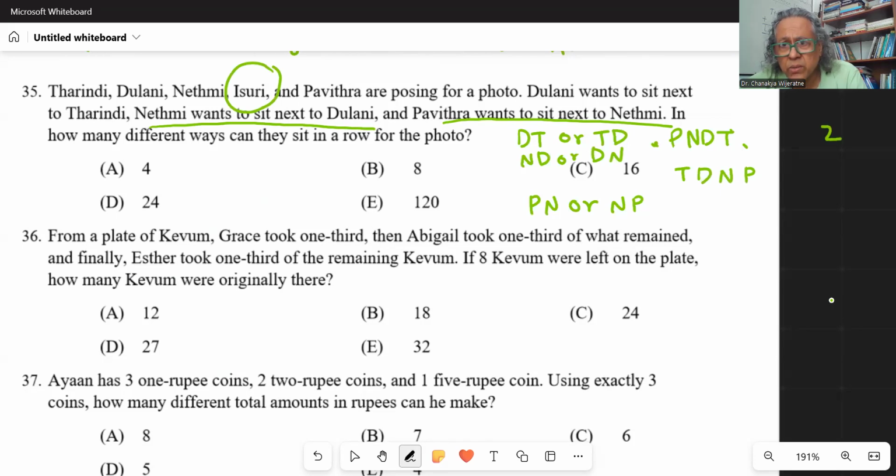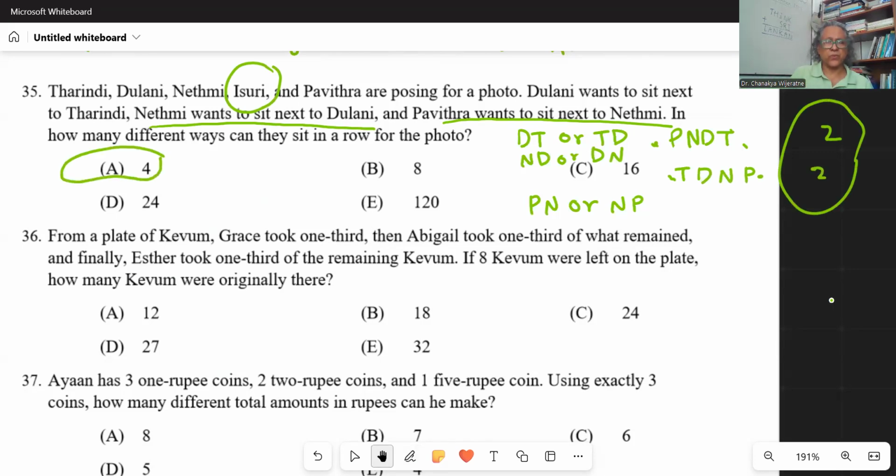So there are 2 ways, or here, 2 ways. So we have 4. So the answer is 4, right? Okay, if you didn't get it, pause the video and think about it and go again, right?